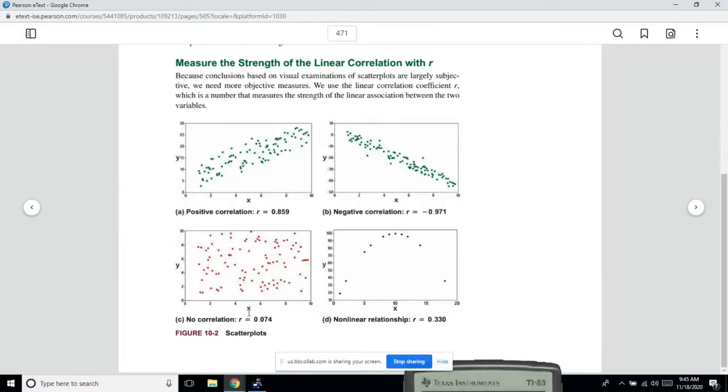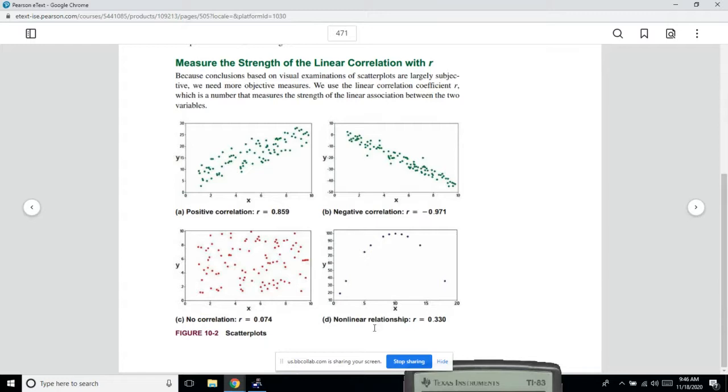In figure C, notice that there is no correlation. As we read it from left to right, a line does not appear. The points appear scattered, so there's no relationship. The R value here is 0.074, which is close to 0.